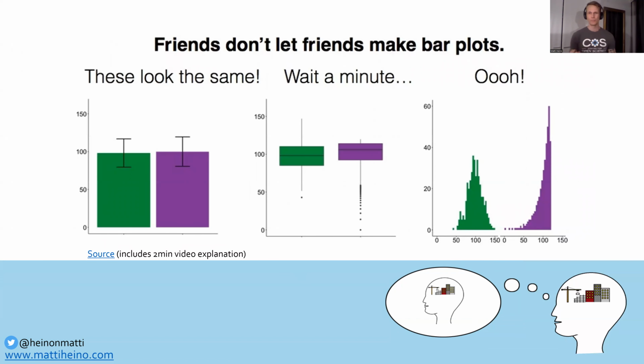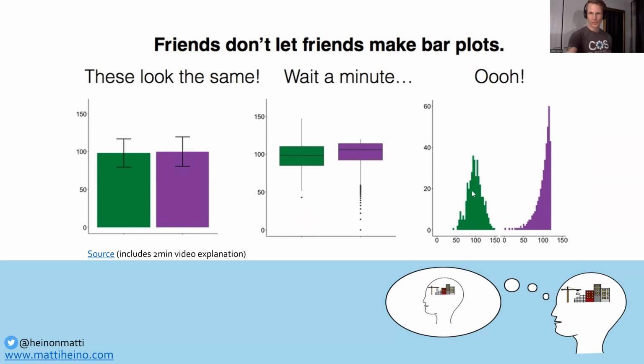And now when you think about what goes into the bar chart, there was a very nice campaign to raise awareness about these issues a while back. These are bar charts that look exactly the same, but when you do a box plot that shows the median or mean and also the outliers, you see that, hey, wait a minute, there are a lot of outliers in this one.